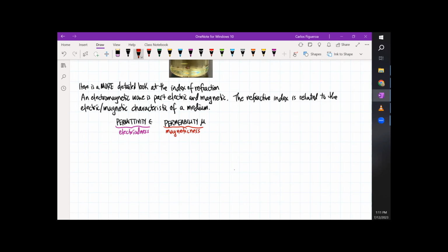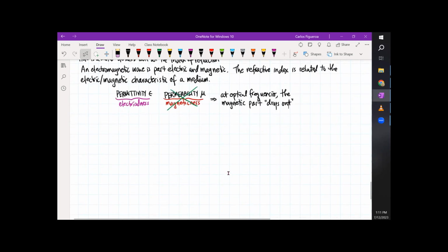But guess what? It turns out that at optical frequencies, the magnetic part effectively drops out. It plays such a small part that we just ignore it.